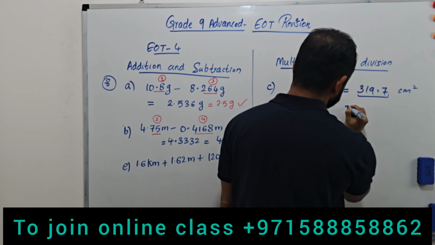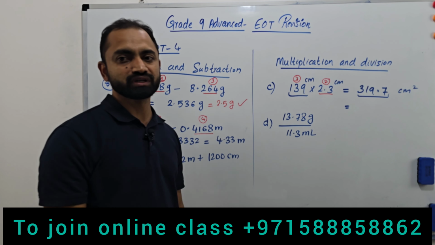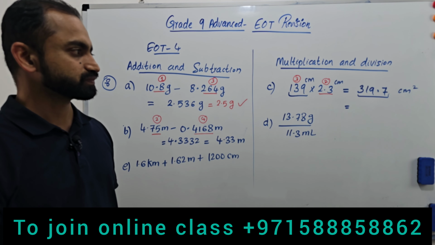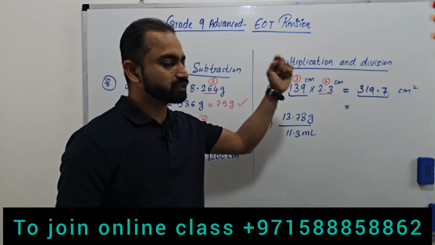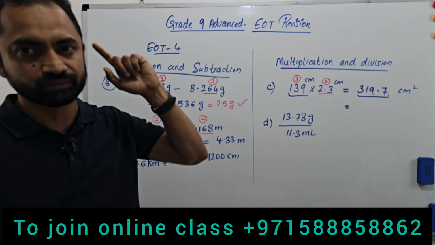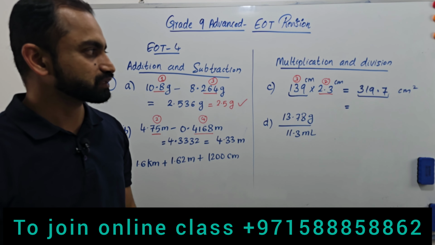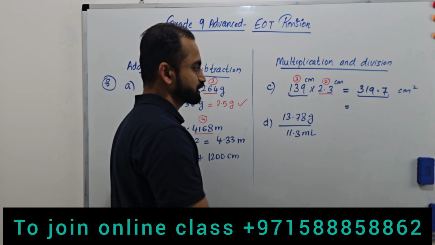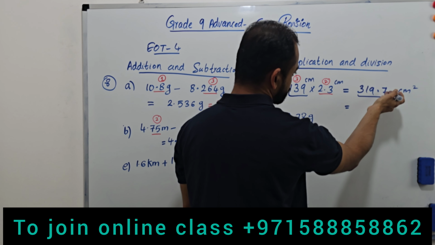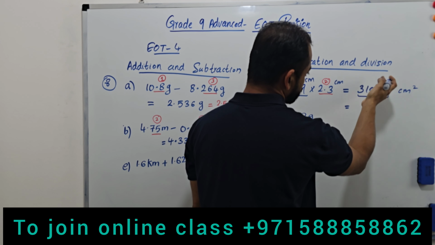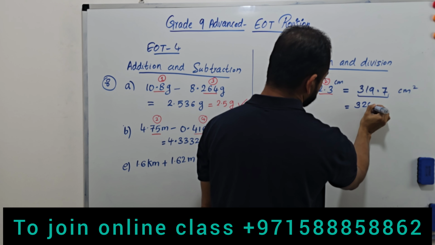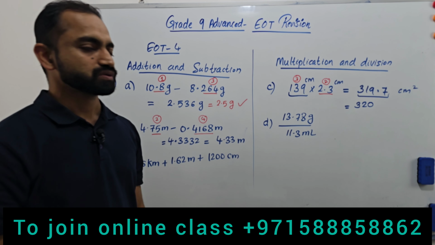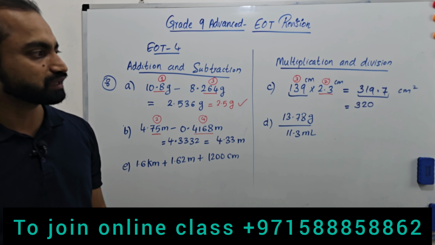How to round this answer? There should be only 2 significant figures. Yes, I don't understand this part. This question: 319.7, right? As this one is 7, when we round this, it will be 320.